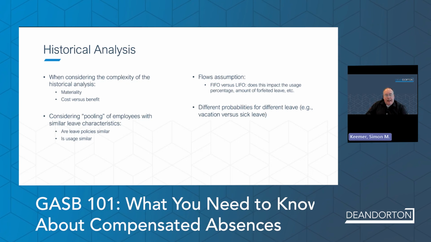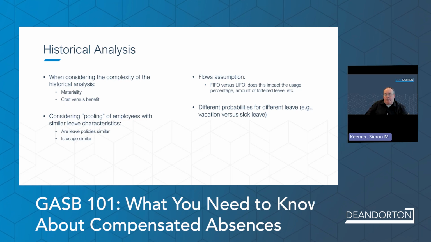If you're somebody like KCTCS that's got locations all around the state of Kentucky, would you do it by campus? Again, you go back to what's my materiality, what's my cost versus benefit analysis, and what level of detail makes sense for me to start doing this historical analysis, and can I make that analysis easier on myself by pooling employees that have similar leave characteristics?